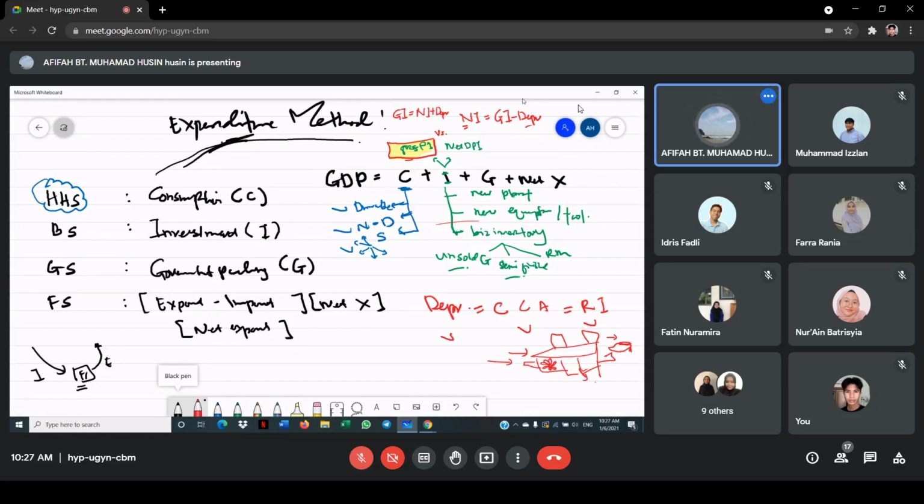Mesin ni harga RM500,000. Adakah kita akan beli yang baru? No, isn't it? We will just replace the broken part. So the replacing of the broken part is called replacement investment. It falls under depreciation tadi tu. Are you with me, class?